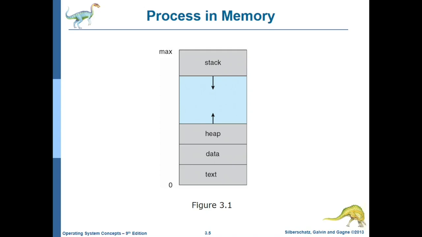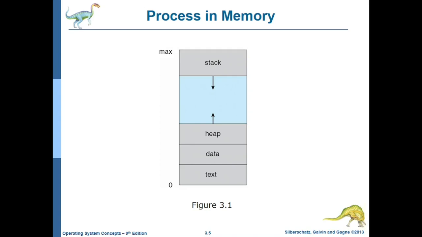The data segment is used for global and static variables that are initialized by the programmer. The data segment has a fixed size and does not change during the execution of the process. The text segment is used for executable code of the process.